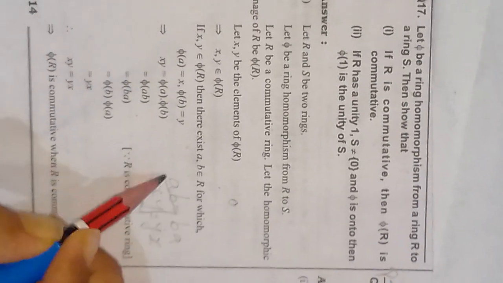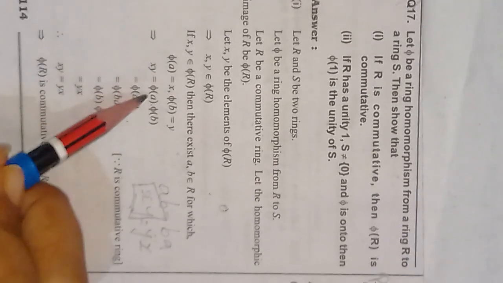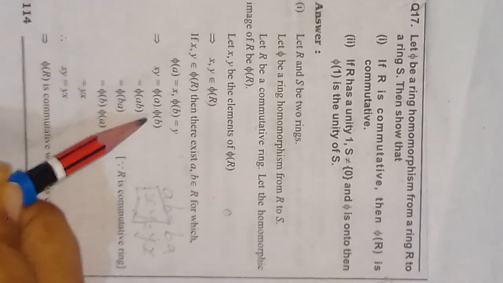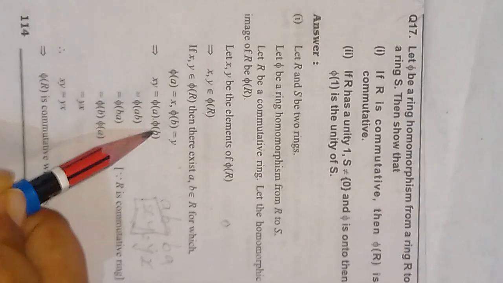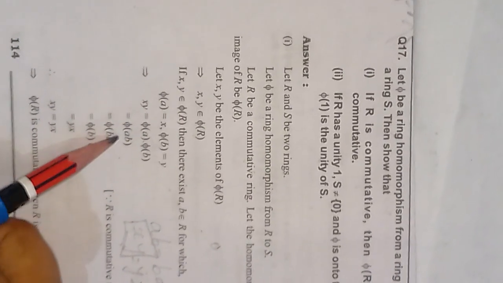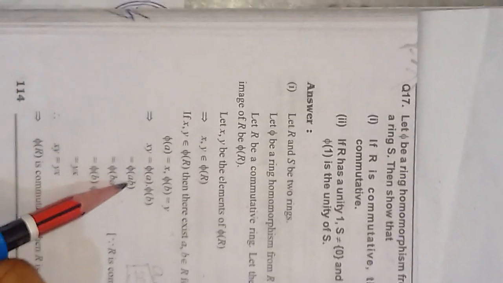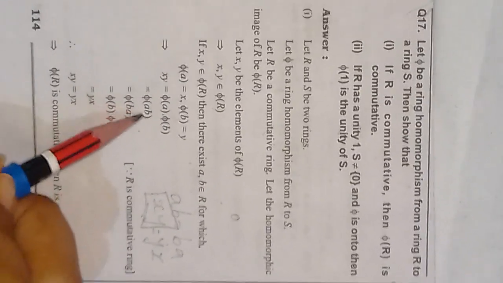Now considering the LHS, XY equals pi of A times pi of B, since X is pi of A and Y is pi of B. Given the ring homomorphism, by using the multiplication homomorphism we can write this as pi of AB. Since R is commutative, we can write AB as BA.